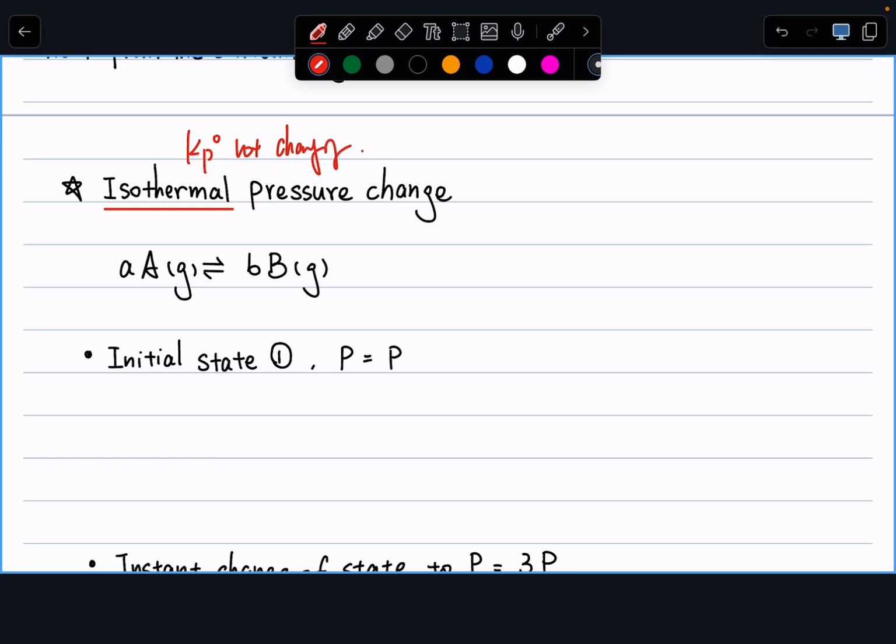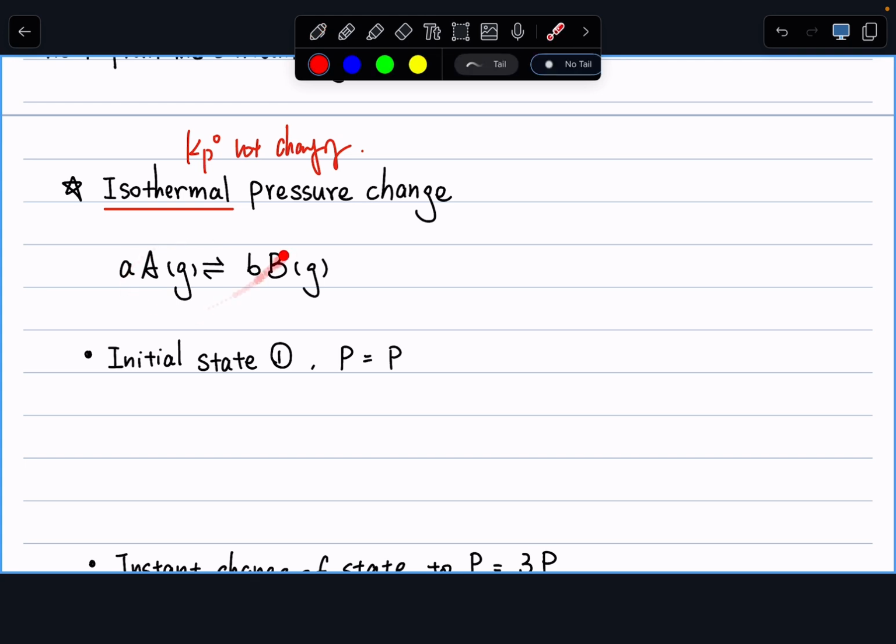And since my pressure is changing, even if the mole fractions are not changing, my reaction quotient will be different, right? So let's write out an expression for the equilibrium constant and the reaction quotient and compare which one is bigger.